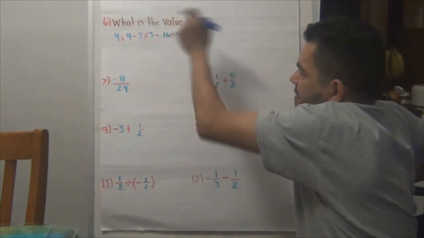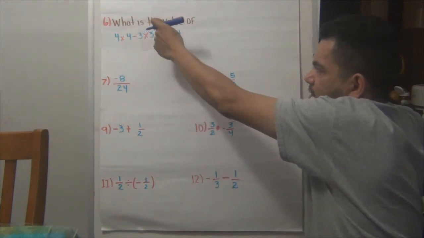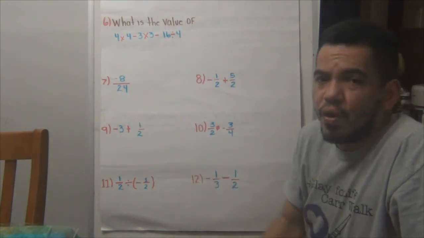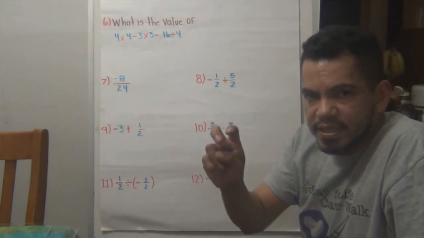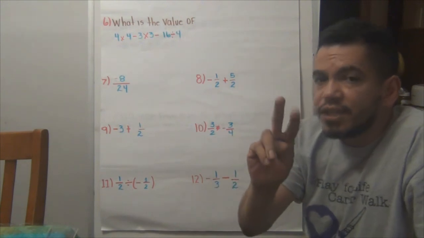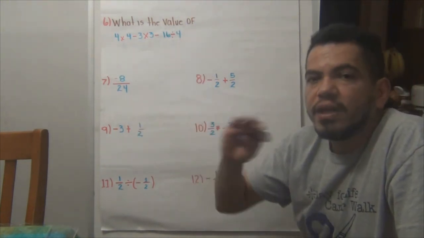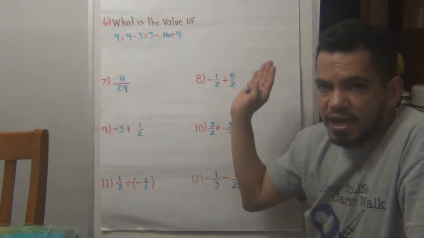So, let's see now. What is the value of 4 times 4 minus 3 times 3 minus 16 divided by 4? According to the order of operations, PEMDAS, we do parentheses, exponents, then multiplication and division. It doesn't mean that you do multiplication first and division later. You could do whichever, as long as you go from left to right.